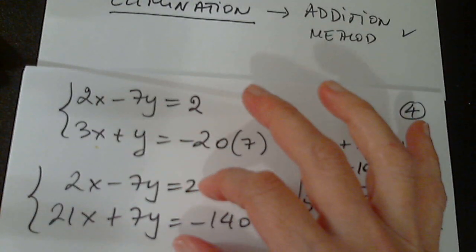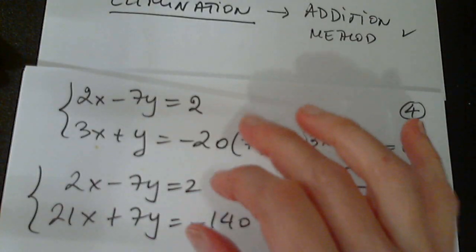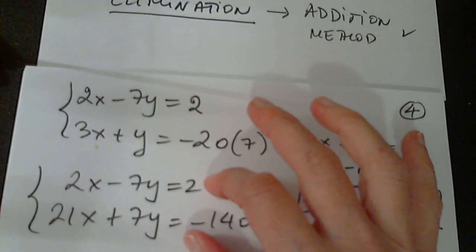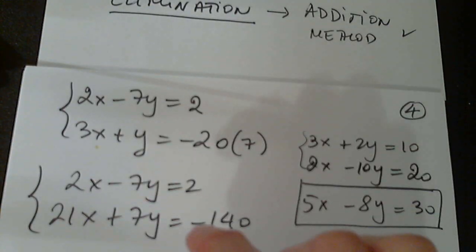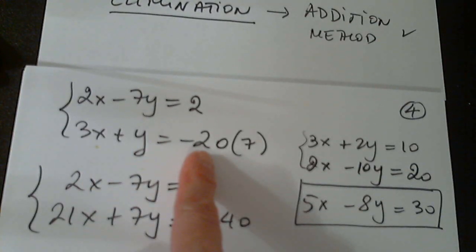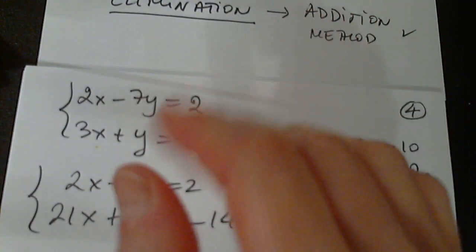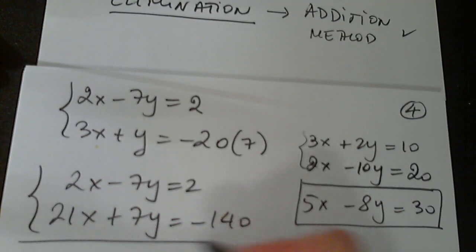These are still correct and consistent equations. I created another equation that is identical with the first one, because if I divide both sides by 7, I get this back. So, what was the purpose? Here's the purpose.